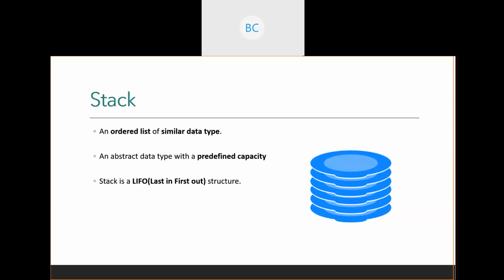So can you relate how the undo button works? Undo button, what it does, it simply reverses your process, correct? So what happens when you click the undo button? Answer.